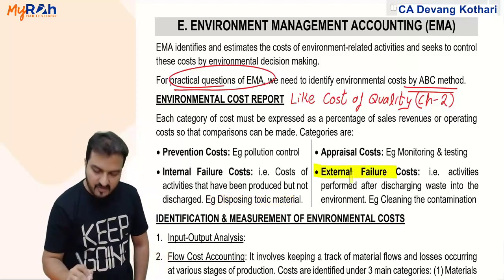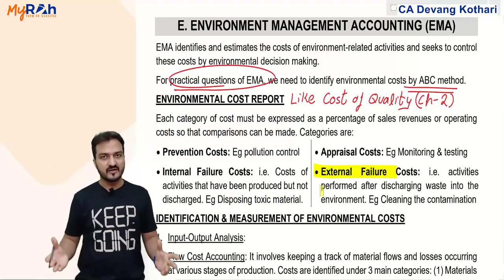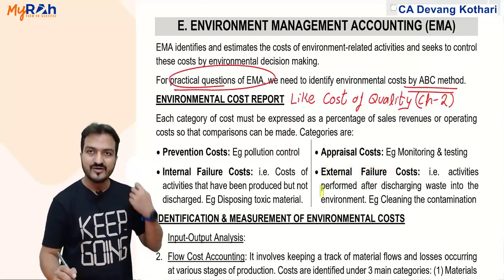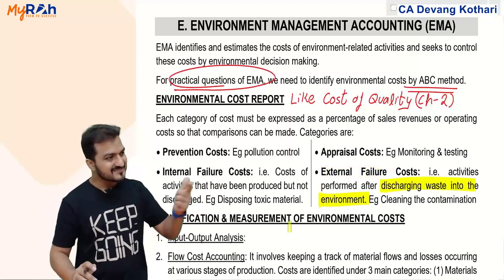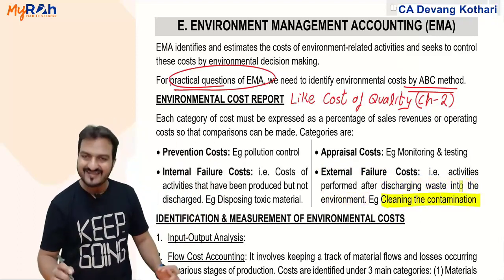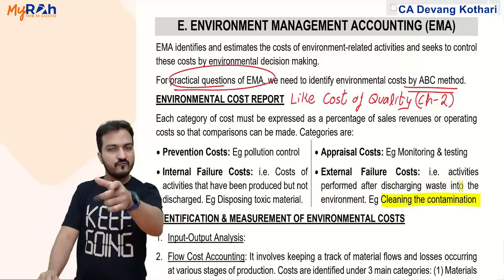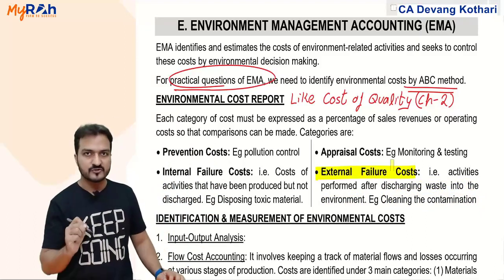While external failure cost means that you didn't treat the toxic waste, rather you discharged the waste into the environment. After you discharge the waste, you will have to incur the cost for cleaning the contamination, or the government will charge you a penalty for it. That becomes your external failure cost.